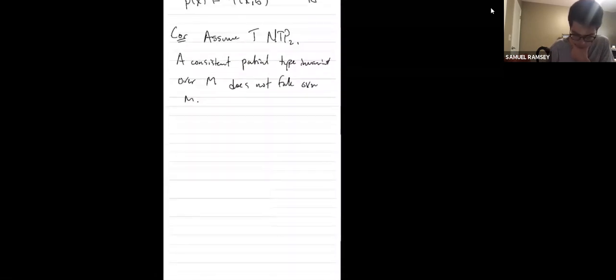So all right. An immediate corollary, which is nice, is: assume T is in TP2. Then a consistent partial type invariant over M does not fork over M. Why? Proof. Take C x b to be the formula that says x is not equal to x.